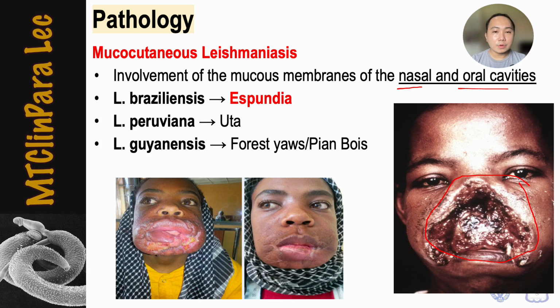Some of the species under your braziliensis complex may also have different names, but still very similar when it comes to the clinical manifestation. For braziliensis, this is espundia, just like here on this picture. Uta for L. peruviana, and Forest yaws or pian bois for L. guyanensis.